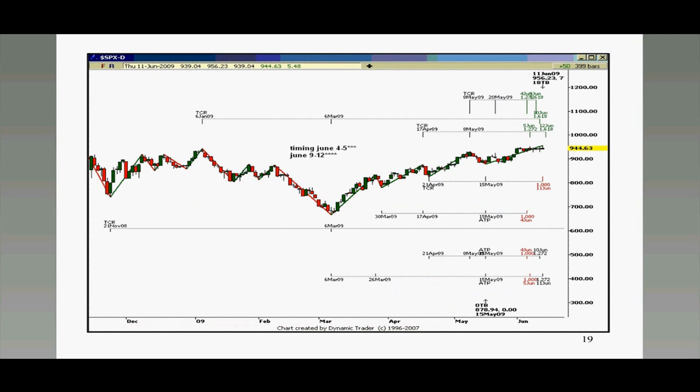Okay, let's see. This is an example of where we're currently at in the S&P cash, and there are two time windows that came in relatively close to each other in the S&P cash. Okay, and again, you can see the highs and lows that are identified by the swing file, the lines that are coming through the bars here.